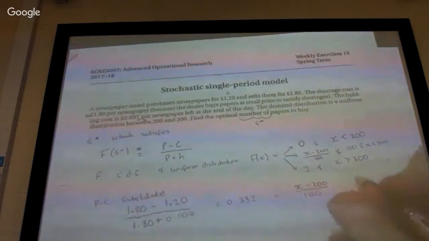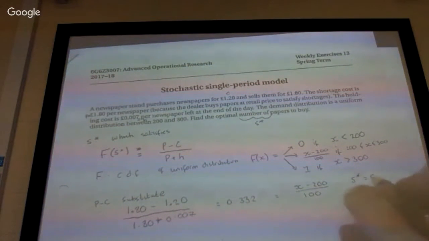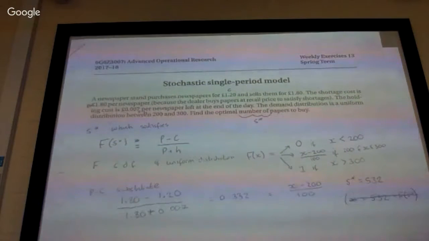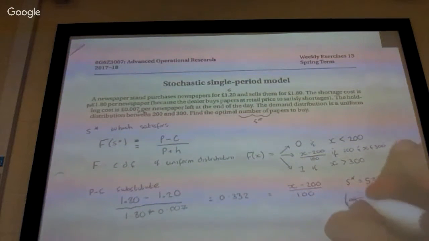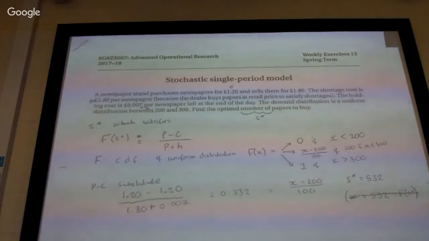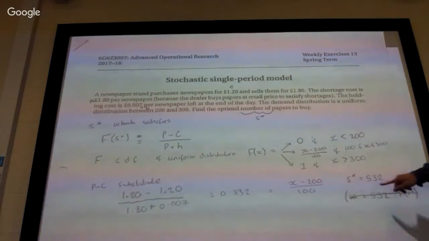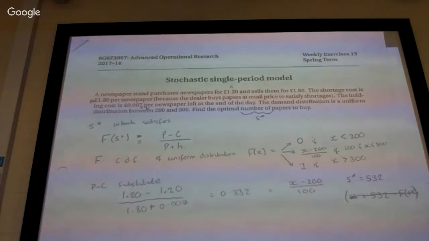But that's weird. Is that really true? No, it's not. I times by 1,000 instead of 100 by accident. So it should be 233.2 or something like that. Good job.